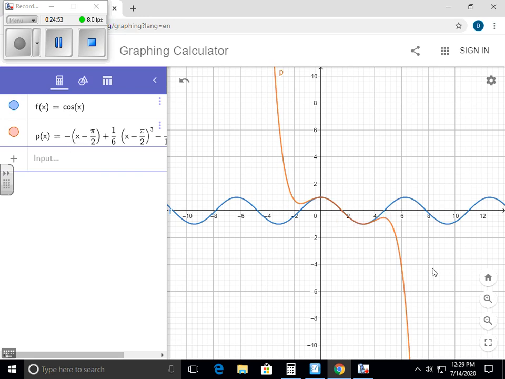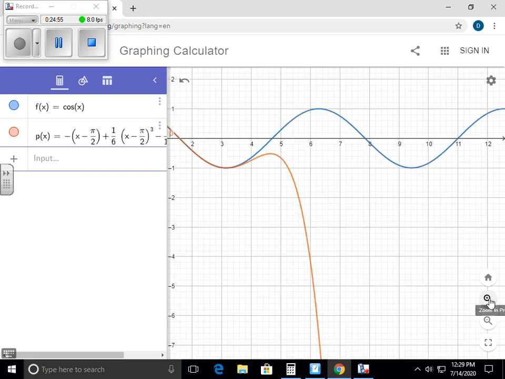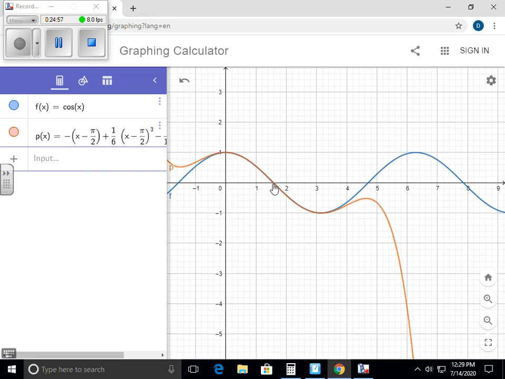We're centered at pi over 2. Pi over 2 is right here. So notice for a while, our polynomial and our cosine wave are almost exactly the same. Same thing this way. So there's an interval in here for which it is a very good approximation.